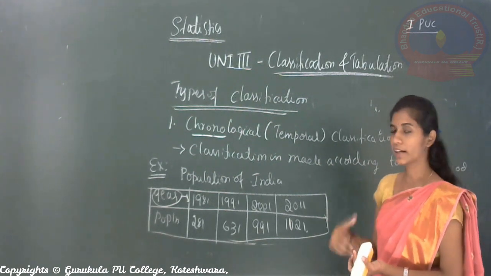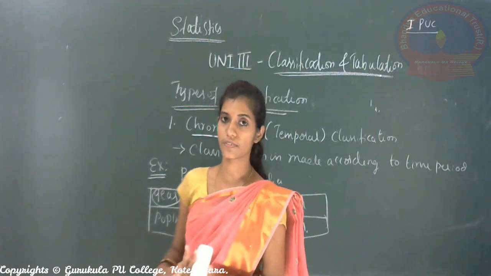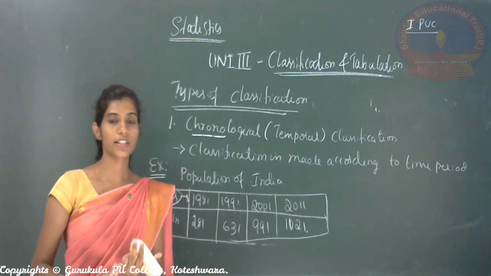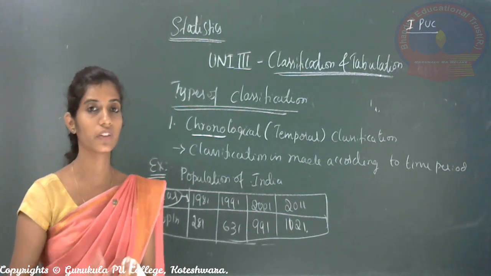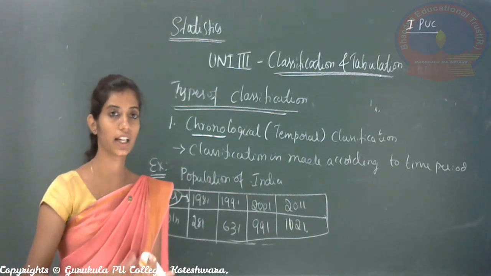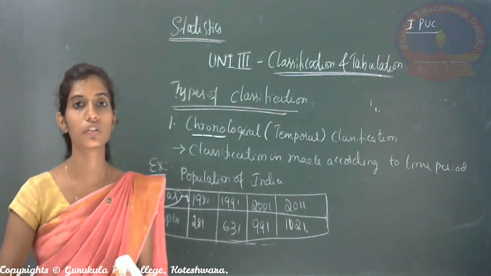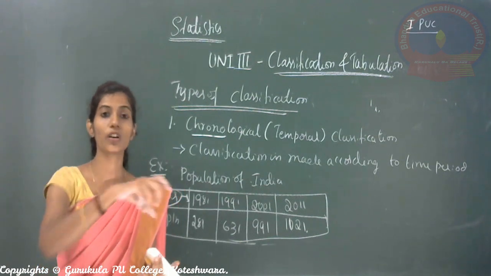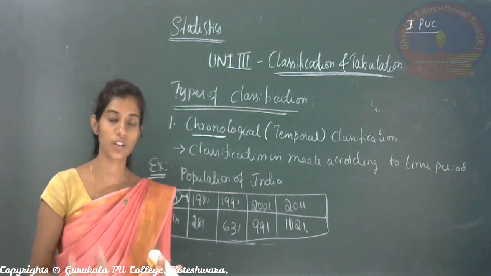Now the second thing is spatial classification, spatial or geographical location. Sometimes, to see production or to check literacy, we have to go locality wise, or to see which city is expensive, or how the people's habits are in that region, or what the income is, we have to check all that. So we have to go location wise, city wise or area wise.